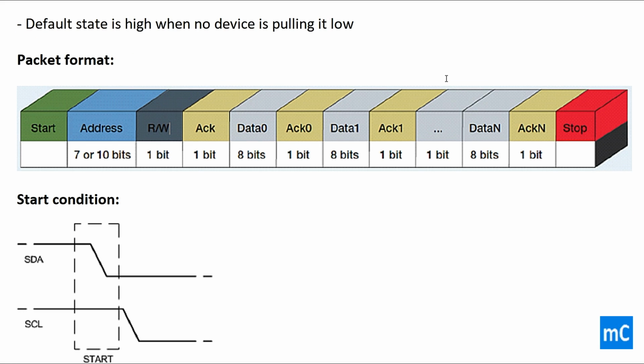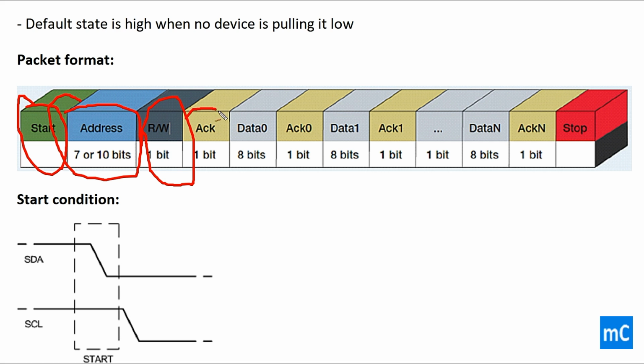This is the packet format of the I2C protocol. I2C protocol has a start bit, an address, which is 7 to 10 bits, and read/write, that is, whether the master reads from the slave or the master writes to the slave. Which kind of communication needs to happen is specified in this bit.